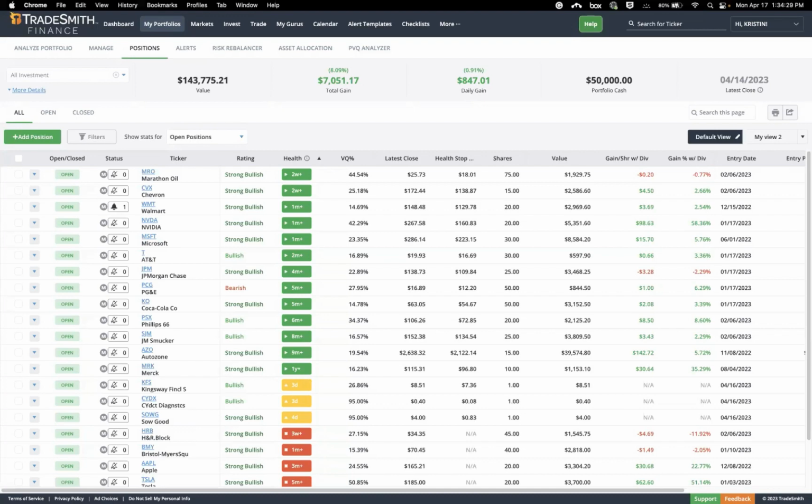So what I suggest doing, and I have this on all of my portfolios, is adding a view where you have the health stop price column. For example, Marathon, you see where it says the remaining risk of this position is $7.72 per share. For those of you who don't know what that means, that is basically taking that amount from the latest close.